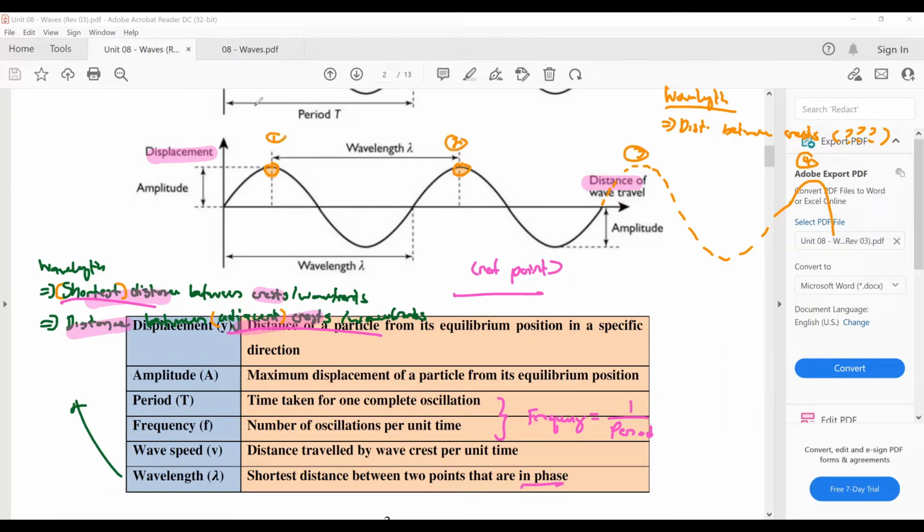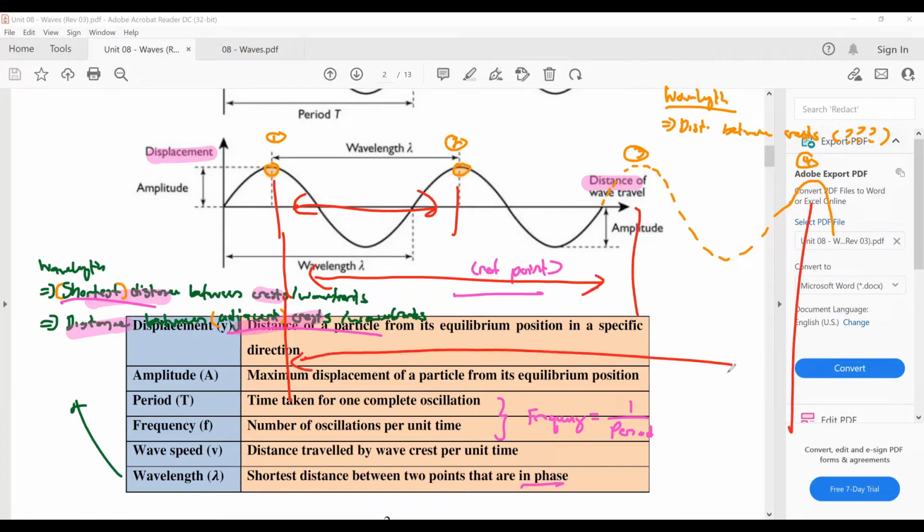So distance between crests could mean this one, this one, or this one. That is not the proper definition of wavelength. You need a more precise term: either shortest distance between crests, which automatically implies this one because it is the shortest possible, or distance between adjacent crests, which again implies this one. So be careful of that.